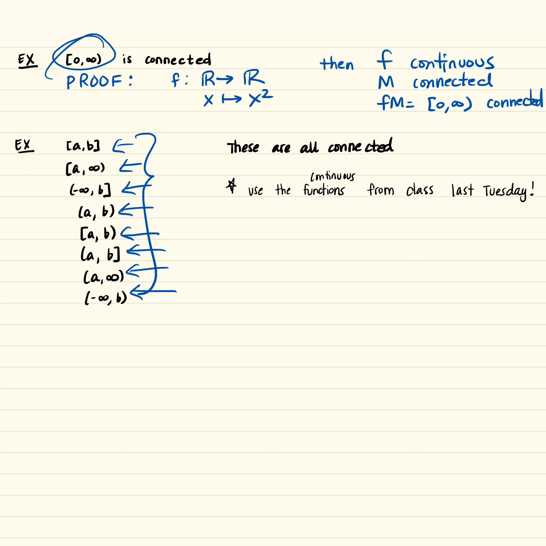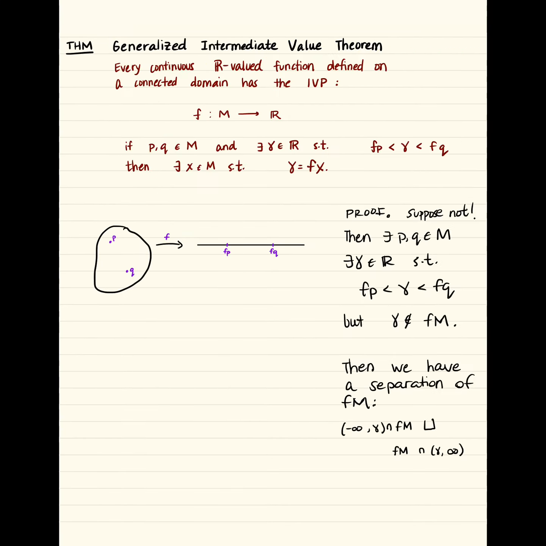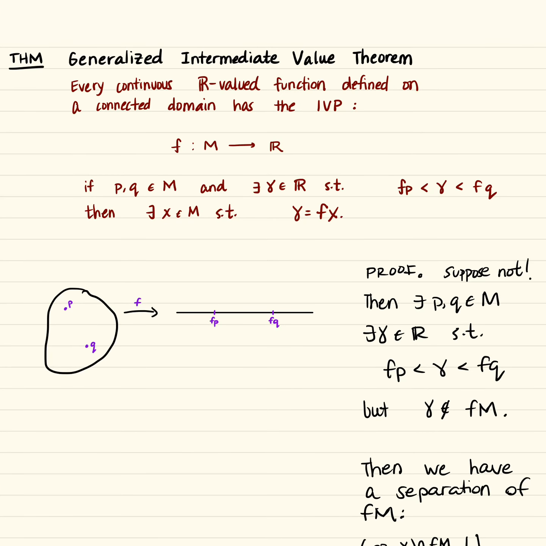That's the power of having theorems that say a continuous image of a connected set is connected. It allows you to easily conclude that a set is connected, a lot easier than going back to the definition. All right, we are moving along at a fast pace here.